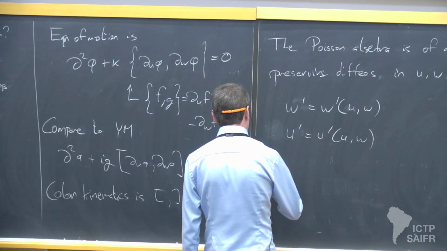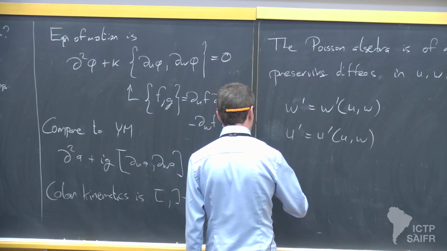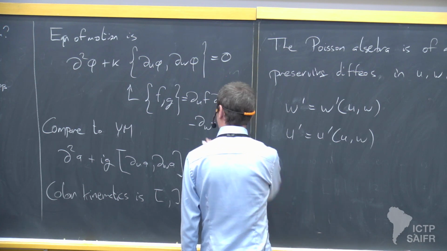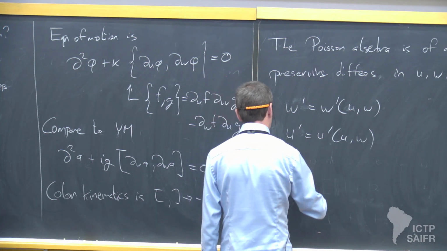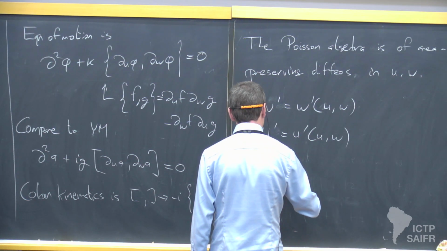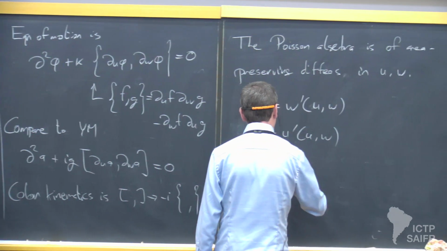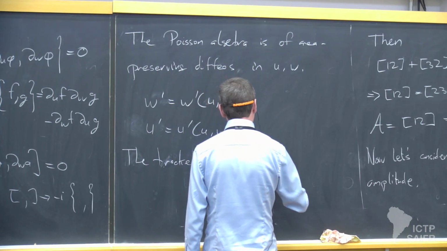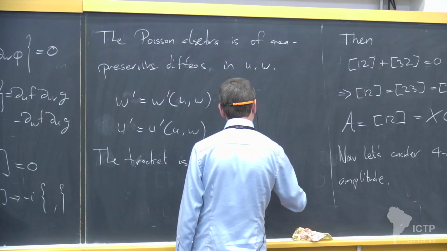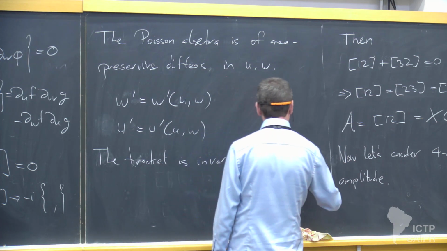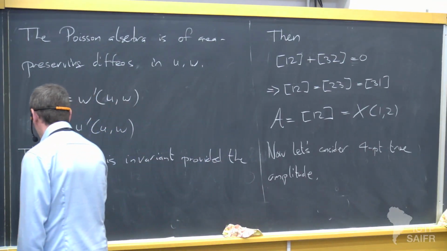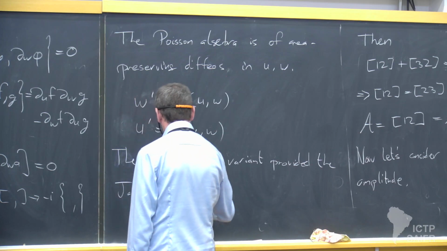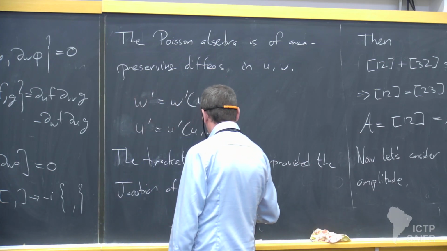Then this bracket is invariant, provided the Jacobian of the transformation is unity.